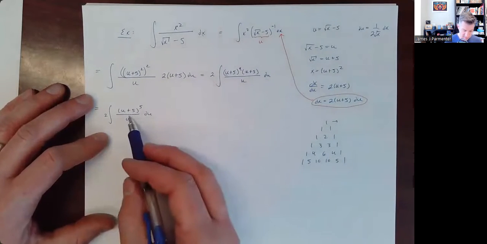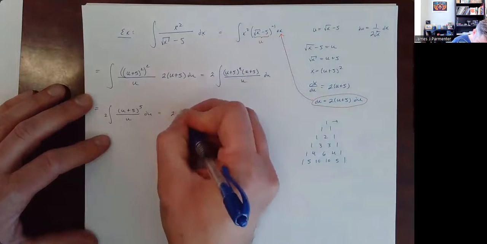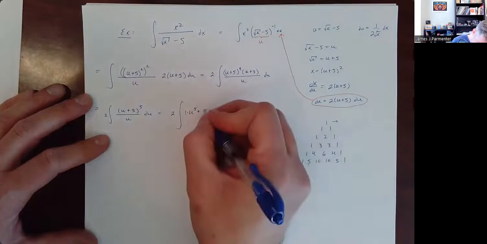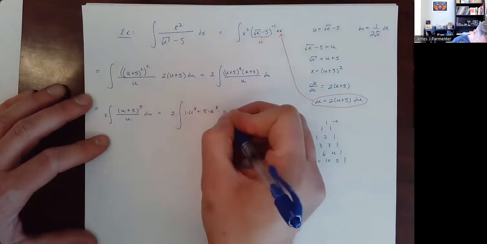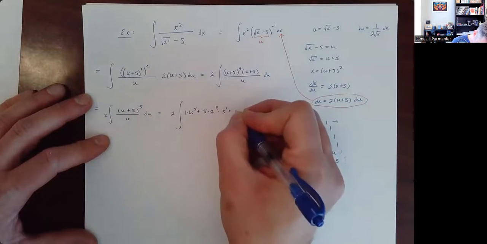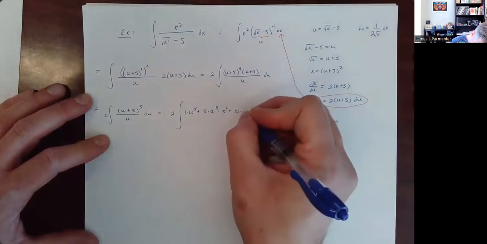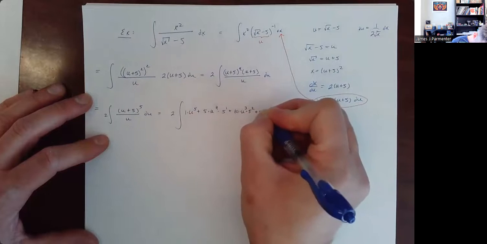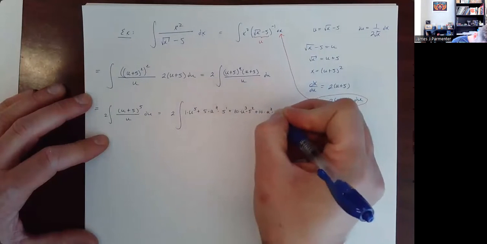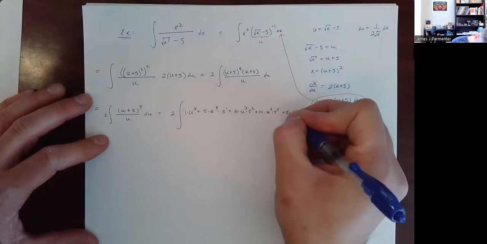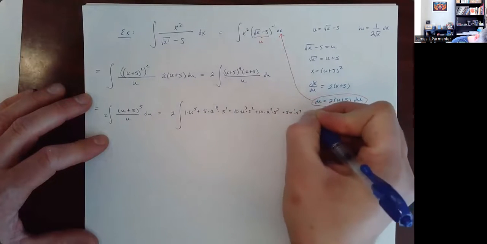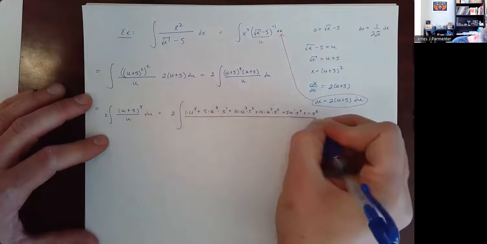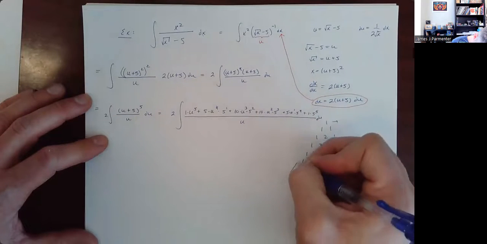So my expansion of (u plus 5) to the 5th is going to be 1 times u to the 5th plus 5 times u to the 4th times 5 to the 1st plus 10 times u to the 3rd times 5 squared plus 10 times u to the 2nd times 5 cubed plus 5 times u to the 1st times 5 to the 4th plus 1 times 5 to the 5th, all over u du. Sorry, it's a little bit tight there.